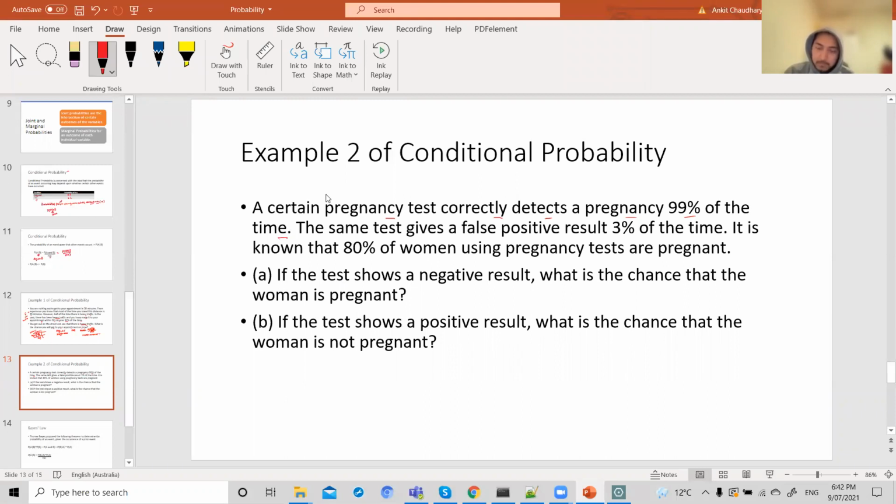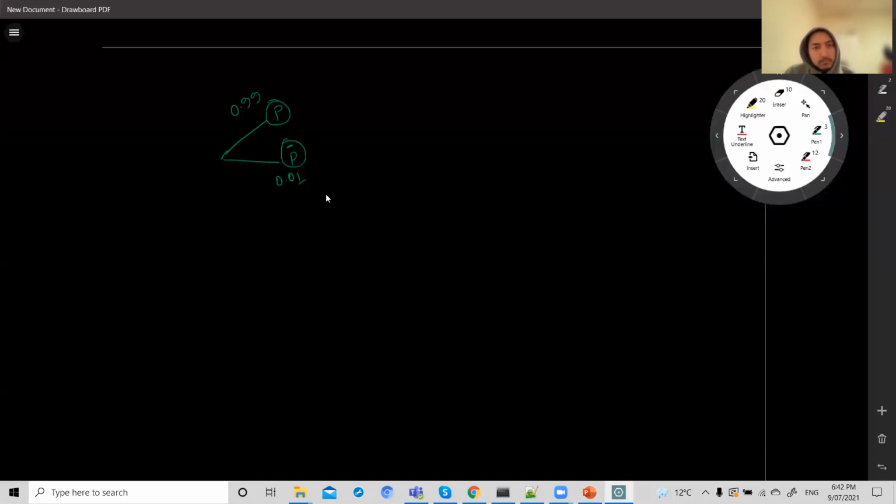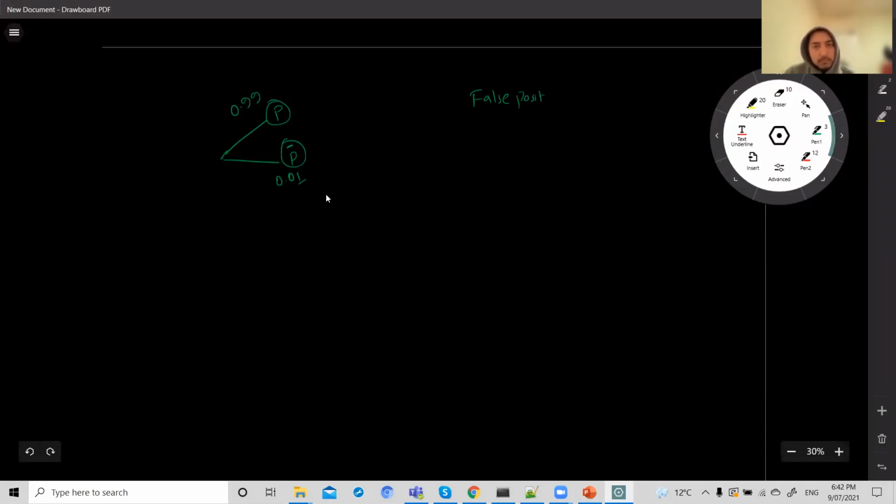The same test gives a false positive result 0.3% of the time. So here is the concept of false positive. False positive means your actual value and predicted value.